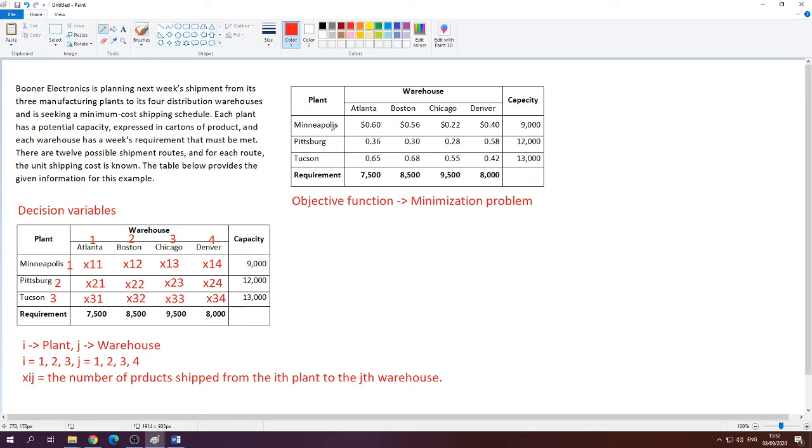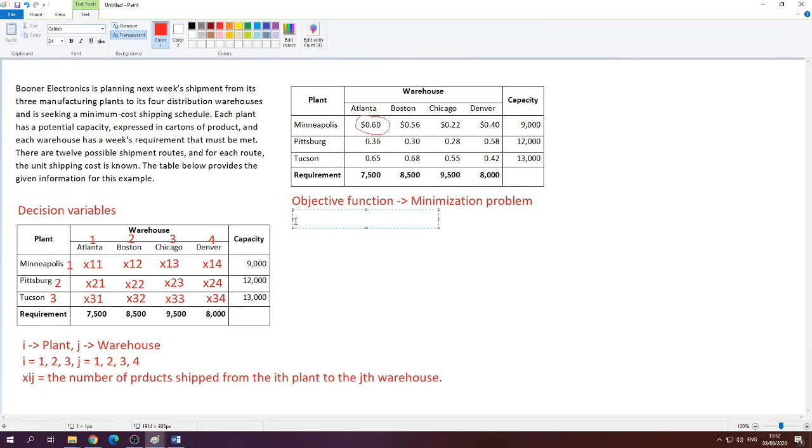If you want to ship from Minneapolis to Atlanta, it will cost you $0.6 per unit. If you send 2 units from Minneapolis to Atlanta, that is going to cost you 2 times 0.6. So it is very easy to get the objective function.